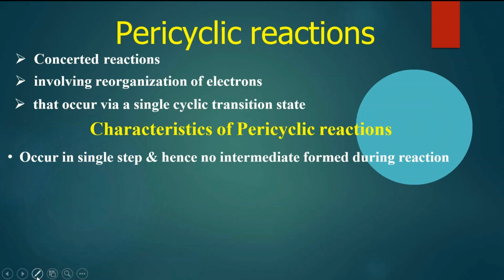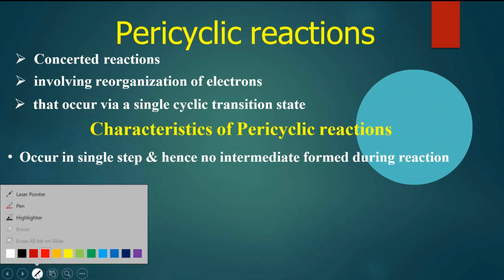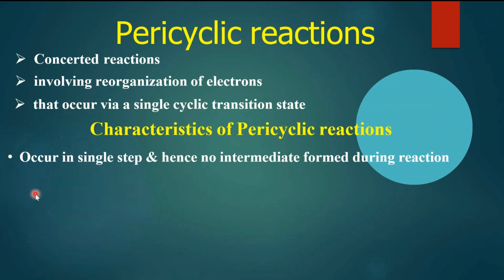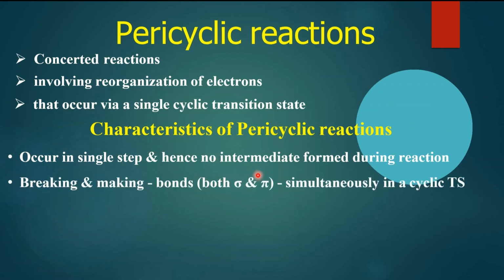It is a single transition state which is formed. Here, the bond breaking and bond making involving both sigma bonds and pi bonds occurs simultaneously in a cyclic transition state.